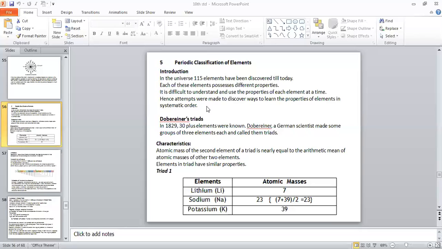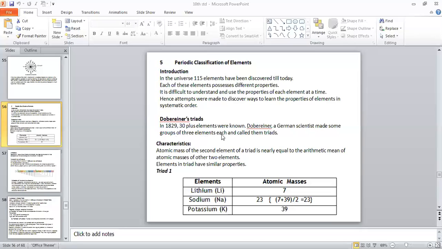So the first scientist who tried this systematic classification of elements was Dobereiner, and the name given for this is Dobereiner's triad. Dobereiner classified elements into groups of three.